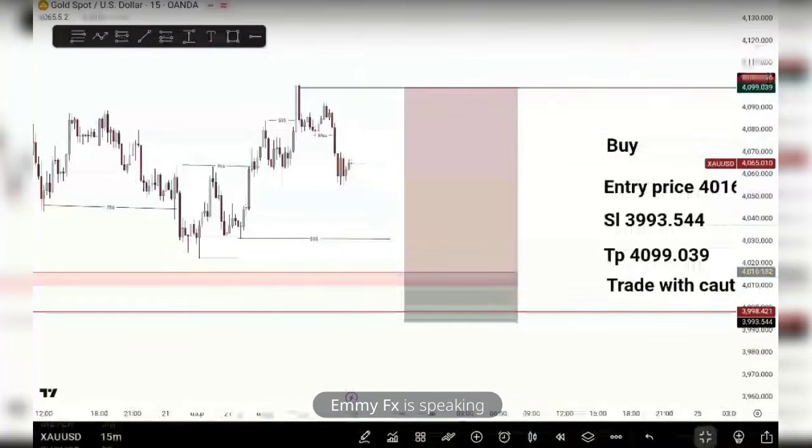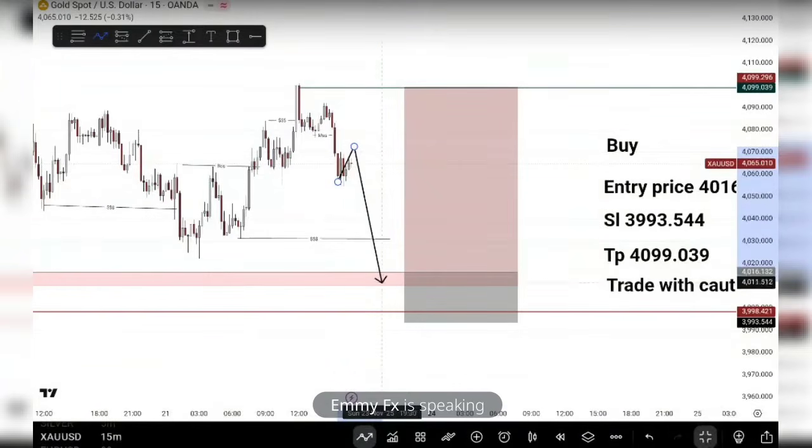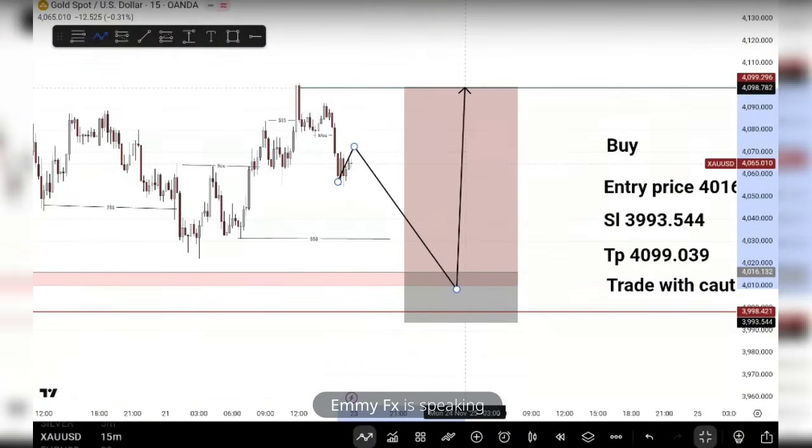Also, I want the market to react from this FVG or this zone and move straight to take out the liquidity here and push the market to the upside.